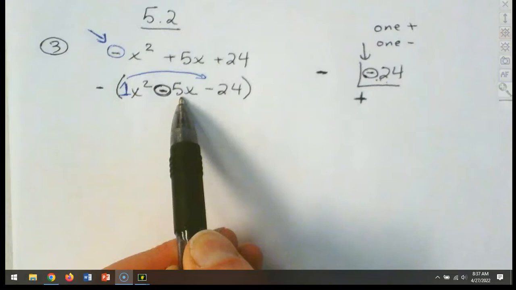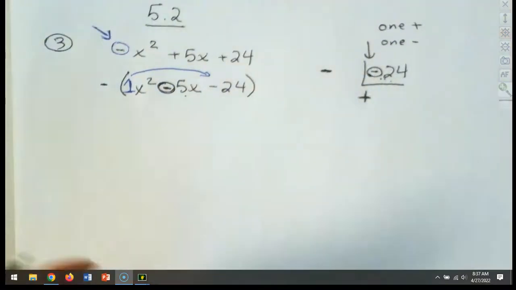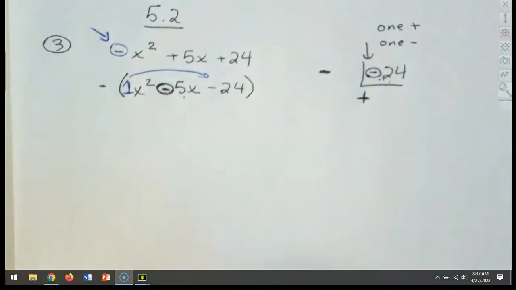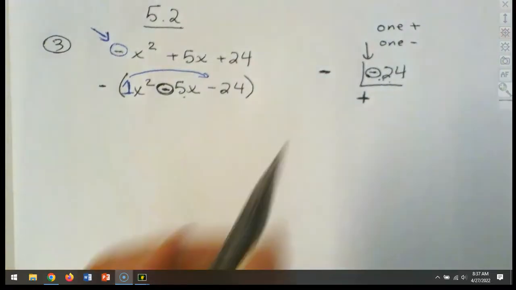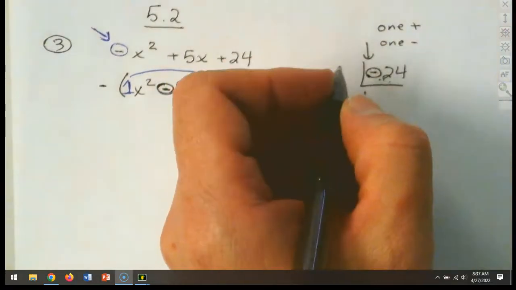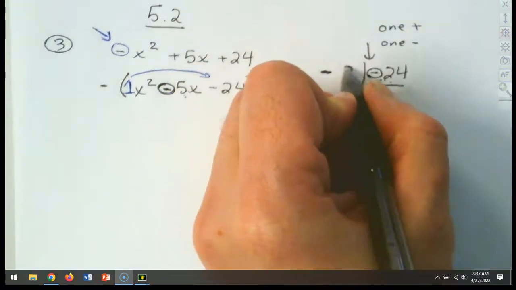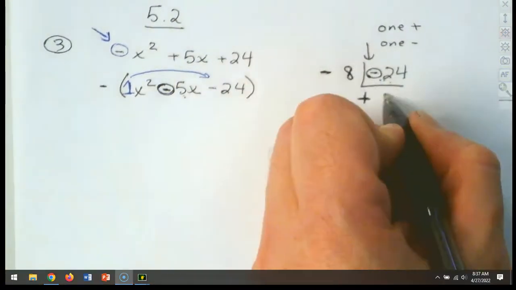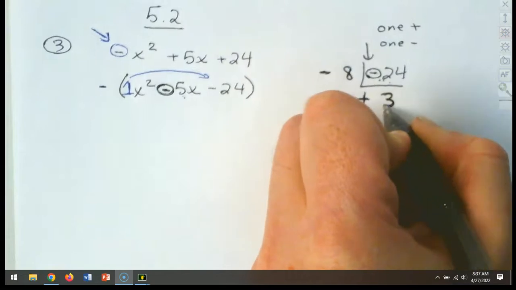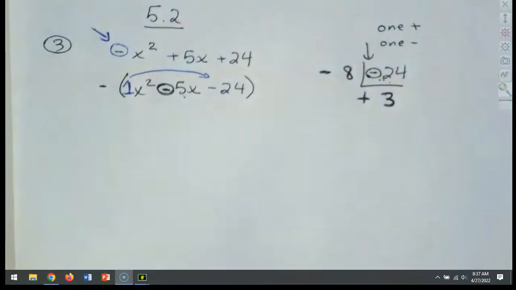Okay, well, 24, where are we going to begin? Well, let's begin with 3. If we use 3, we've got 3 and 8. And what's 8 minus 3? 5. That's what we want in the middle. So we need a negative 8 and a positive 3. And it's just a matter of trying different numbers until you find it.